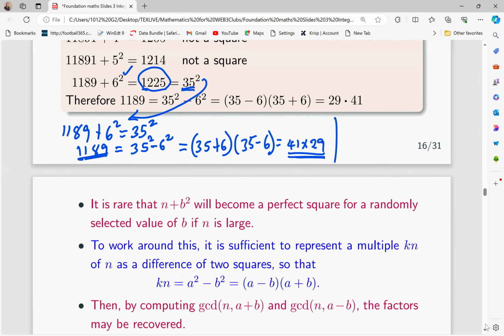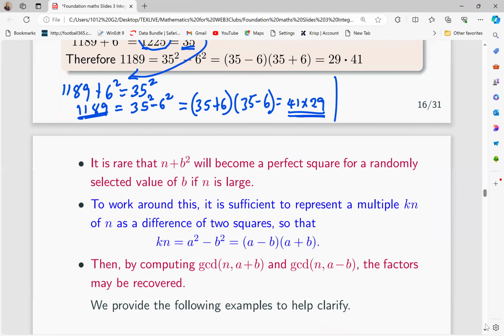Now, what about if it was a very huge number? I've said here that it's rare that n plus b square would become a perfect square if you were to choose a random b, and if n is very large. If n is very large, it's rare that we can get this b so that this sum becomes a perfect square.